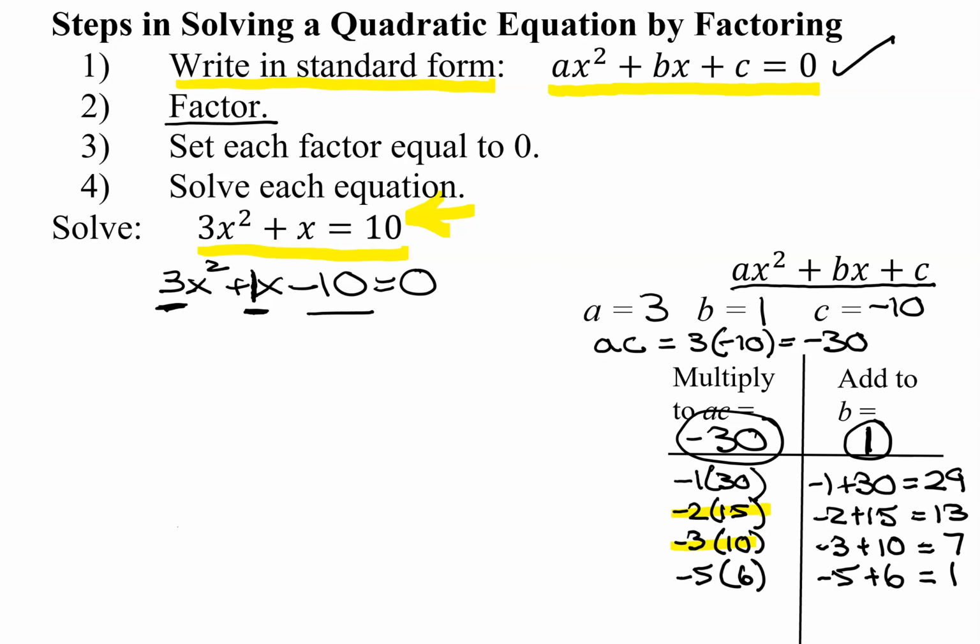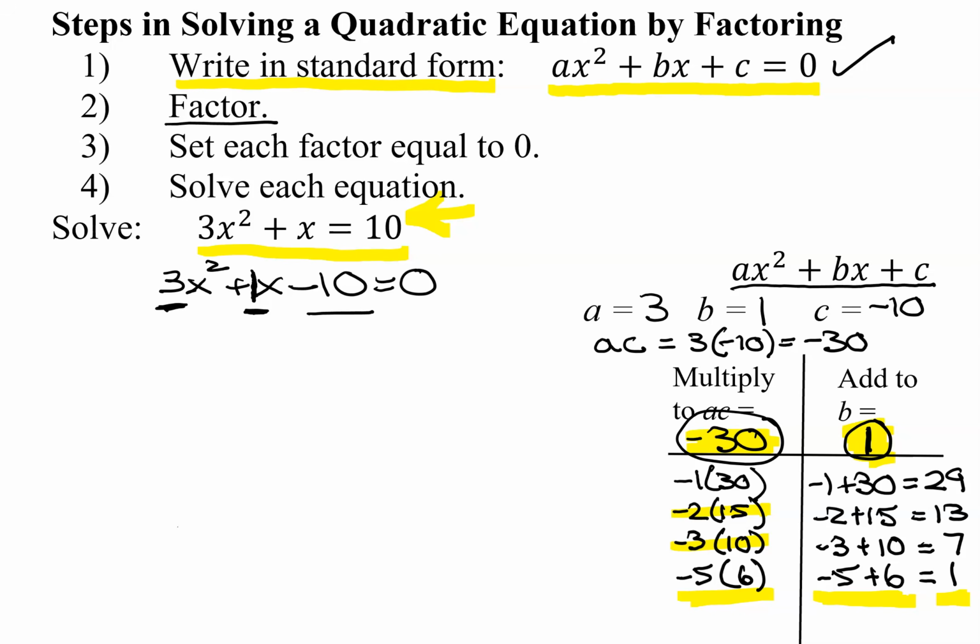This one didn't work, this one didn't work, but then finally, negative 5 times 6 multiplied to negative 30, and negative 5 plus 6 add up to 1, which is what I'm looking for up here. On many of these problems, you won't need to do the table because you could just look for two numbers that multiply to negative 30 and add to 1, and these numbers might come to you very quickly. I'm just showing you the table in case you get stuck finding factors.